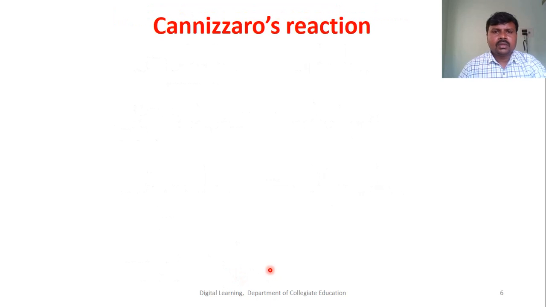Next we will move on to another important reaction, that is Cannizzaro's reaction. Aldehydes which don't contain alpha hydrogen atoms show Cannizzaro's reaction.